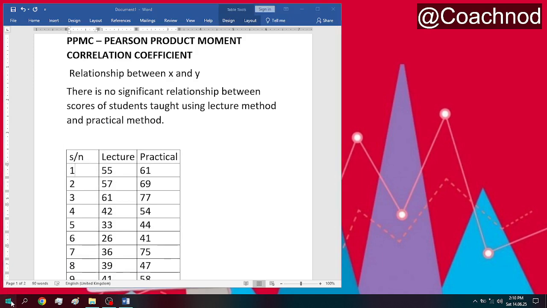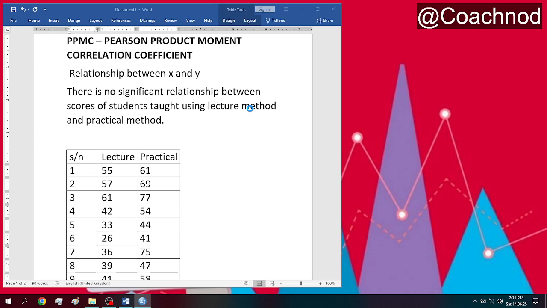So let's now open our SPSS. So now we want to check the relationship between X and Y. That means that if you are analyzing correlation, you must have a result for X, one variable, then you must have another result for another data for Y. So you now have two variables.